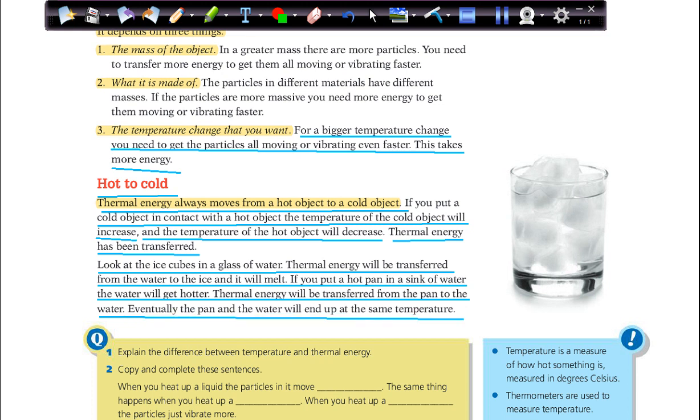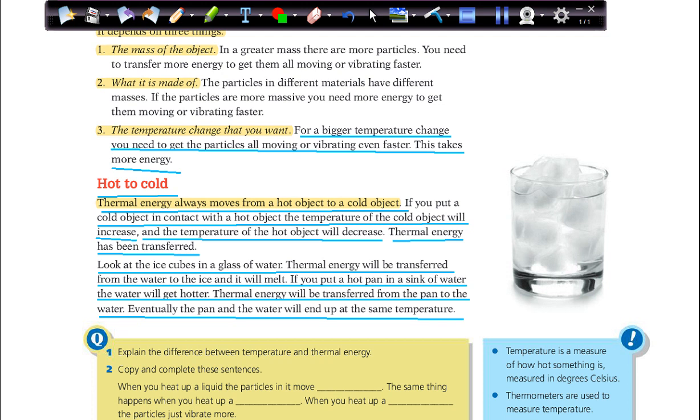So if we have a hot pan, how can we make it cool? If we put it inside the water or under the water, the thermal energy from the pan will transfer to the water. In this case, both of them will be at the same temperature.